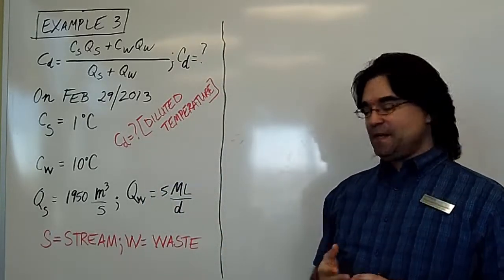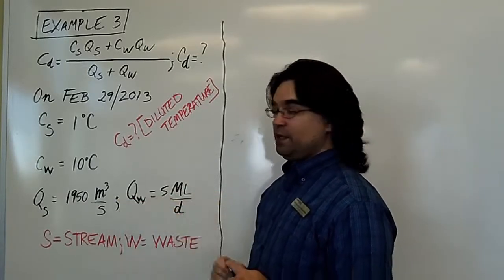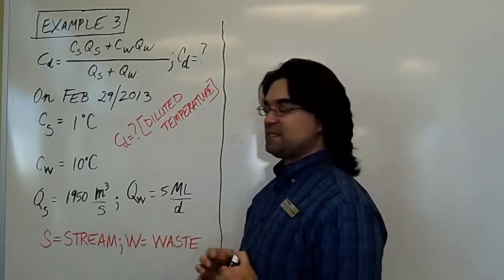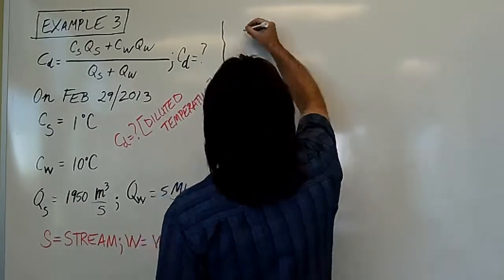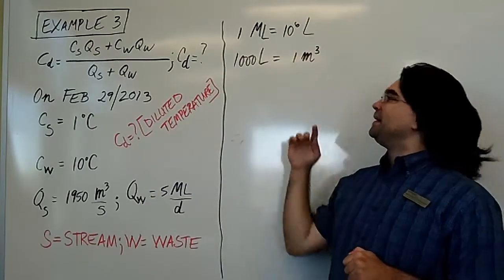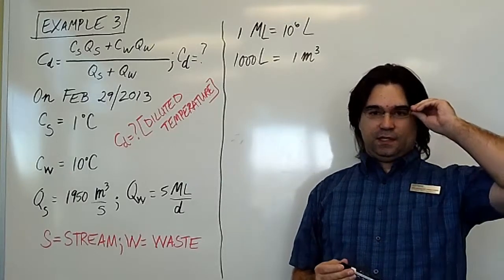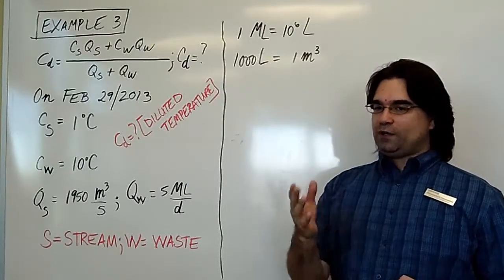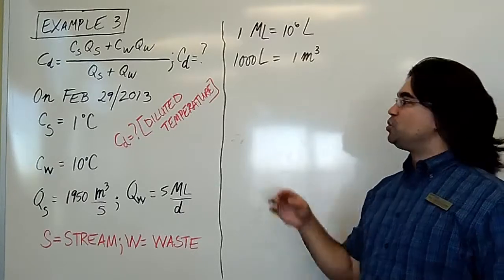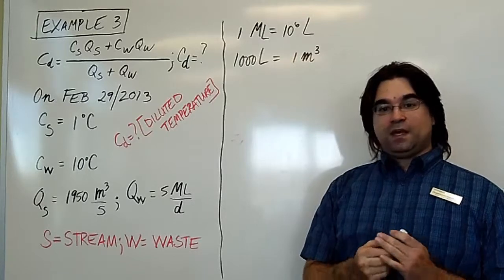How do I do that? I remind myself how to go from megaliters to cubic meters as step 1, and from days to seconds in step 2. I don't expect that you would remember these by heart, but given the easy use that you have to wireless technology, your textbooks, a friend, Dr. Google, and so on, you should be able to come up with these conversions fairly easily.